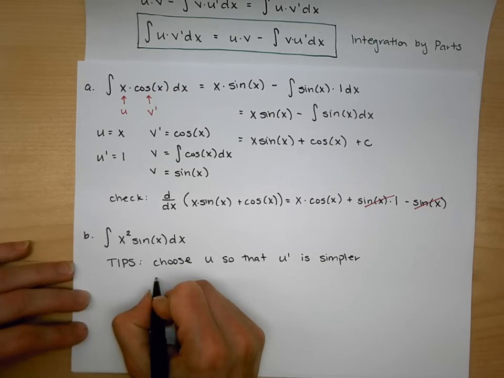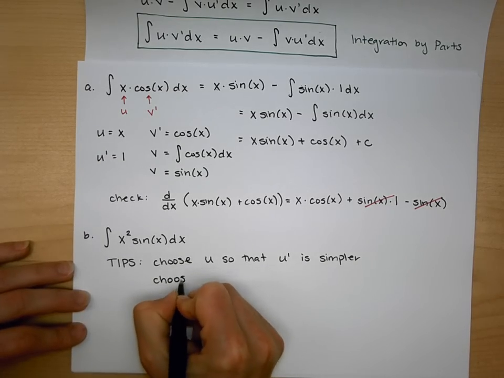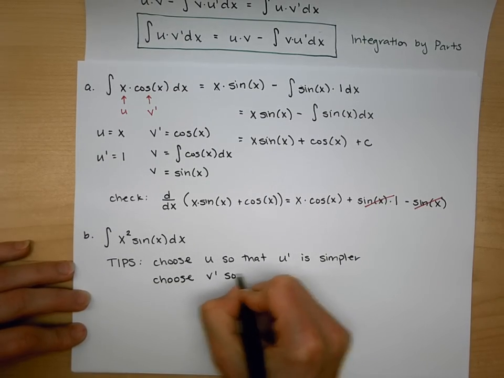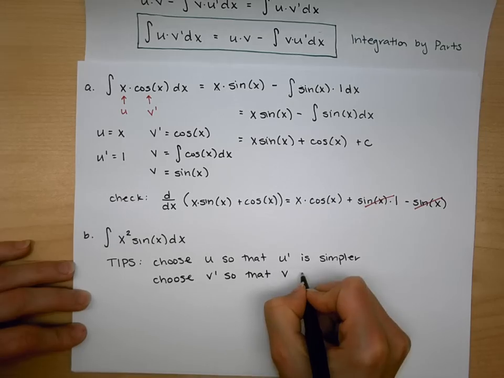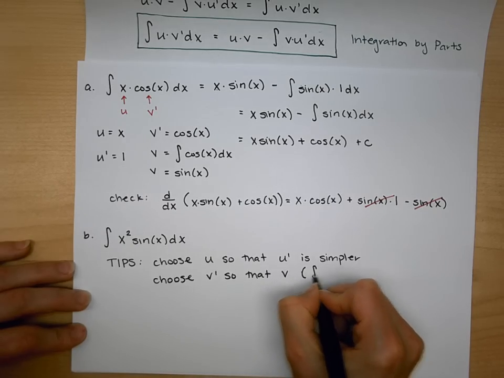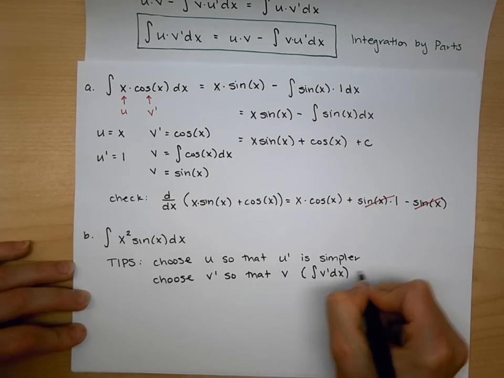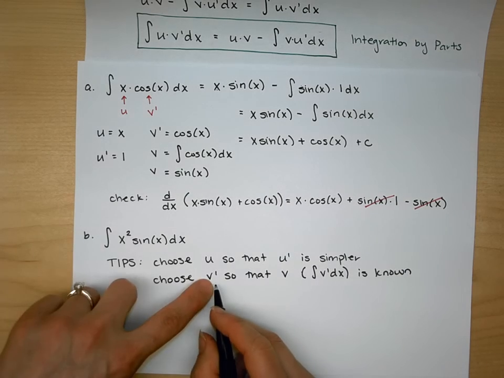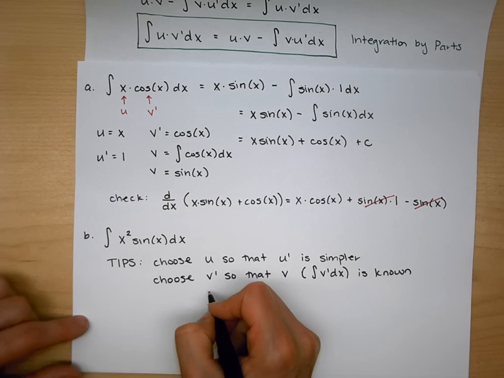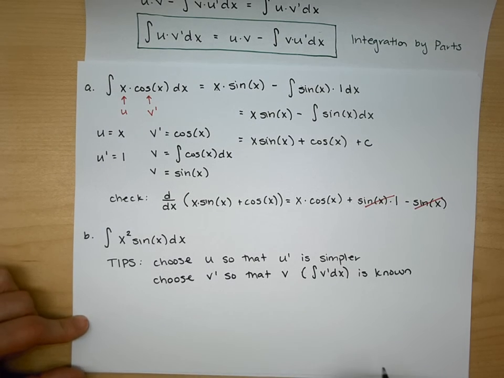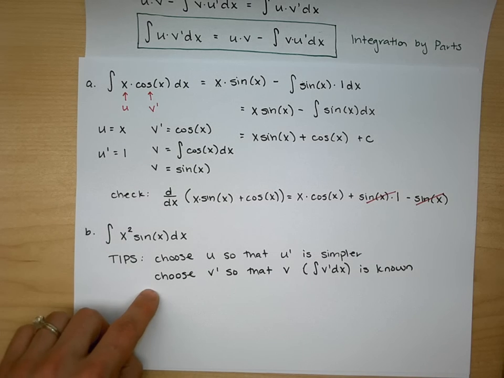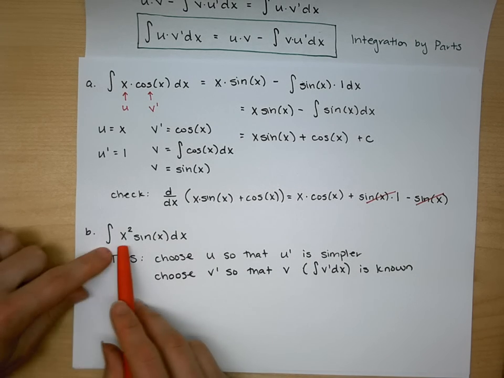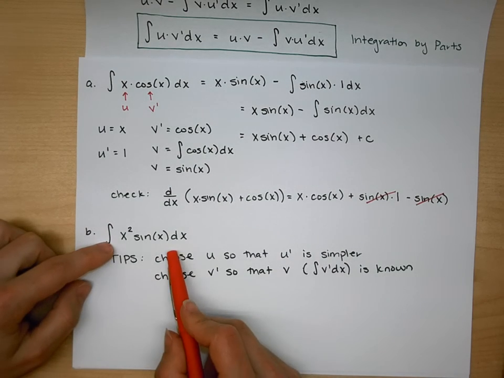And a second tip is choose v prime so that v, which is the integral of v prime, is known. If you can't find the antiderivative of v prime, it probably shouldn't be v prime. So with that in mind, I want you to think about which of these should be the u and which of these should be the v prime.